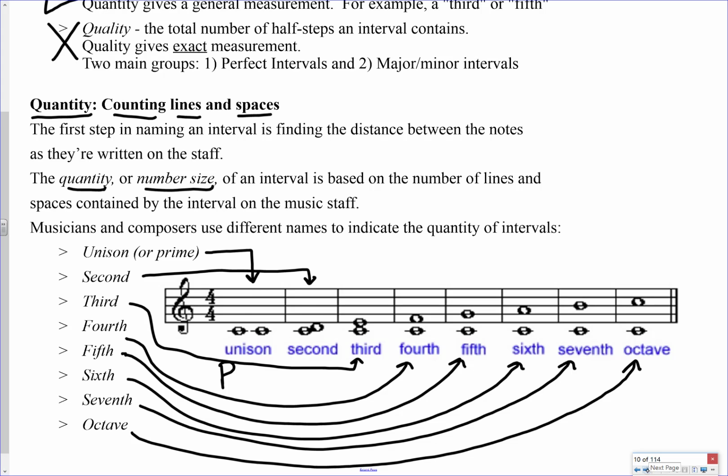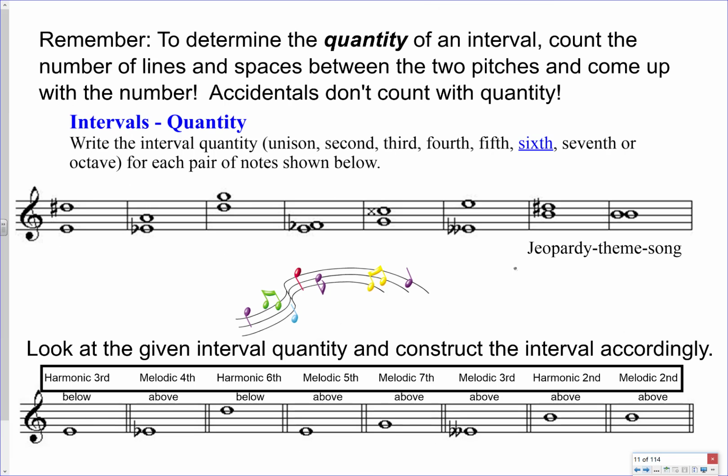Let's continue. So, remember this. To determine the quantity of an interval, all you need to do is count the number of lines and spaces between the two pitches and come up with the number. We don't have to worry about accidentals with quantity.